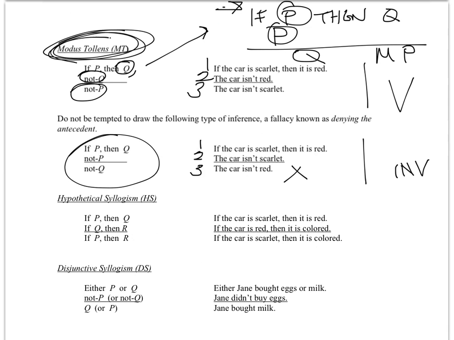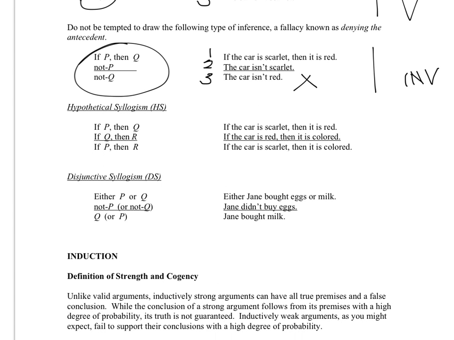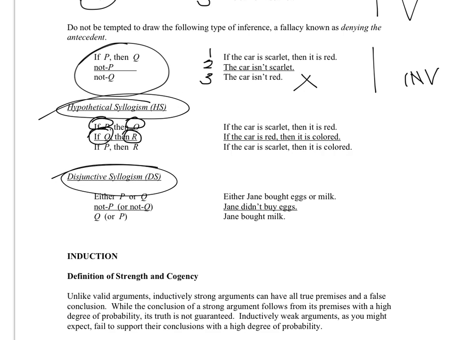And what we have here are two other kinds of valid arguments. We have what's called hypothetical syllogism and disjunctive syllogism. Hypothetical syllogism is an argument that has this form: if P, then Q, if Q, then R, and then it concludes if P is the case, then R is the case. And it's illustrated with an example here.